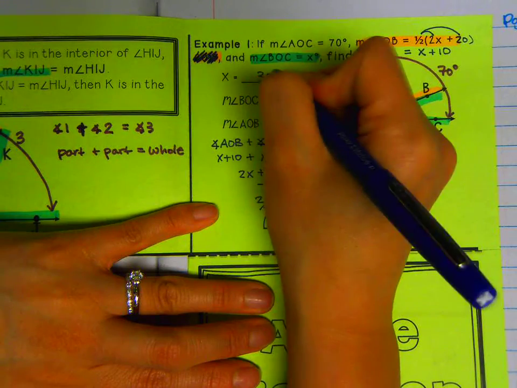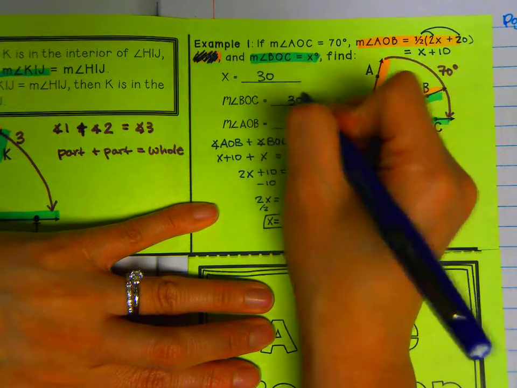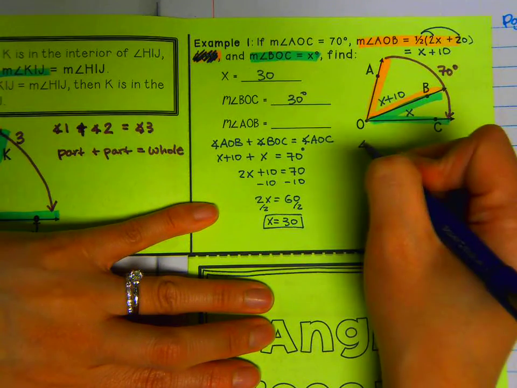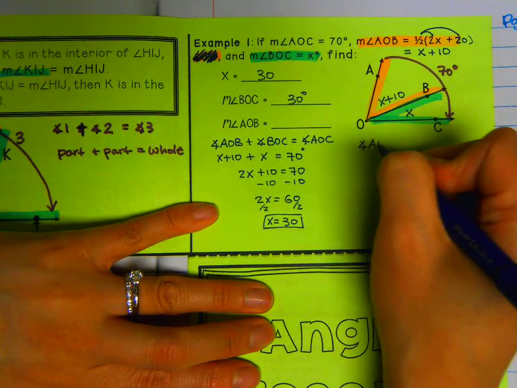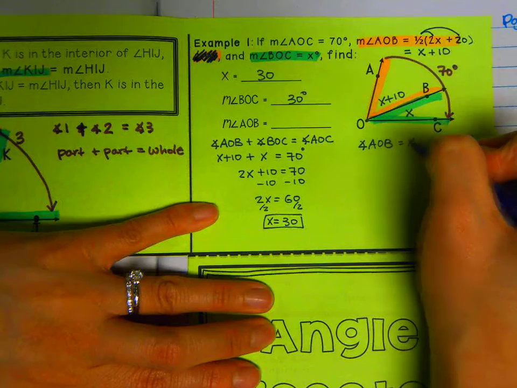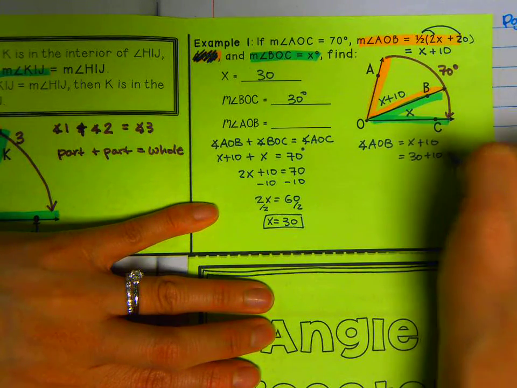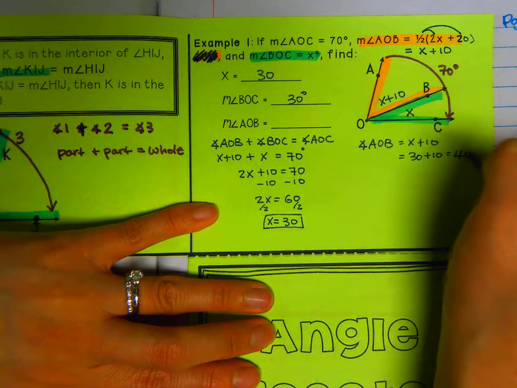So we got the value of x, and then we have to find the angle measures. BOC is x, so simply 30 degrees. To get angle AOB, there are two strategies. Either we put it into the expression, which is 30 plus 10, that's 40 degrees.